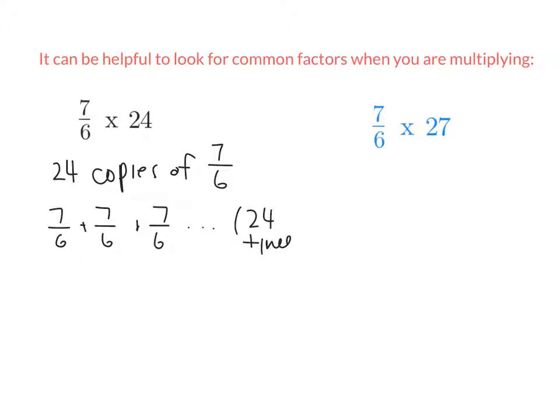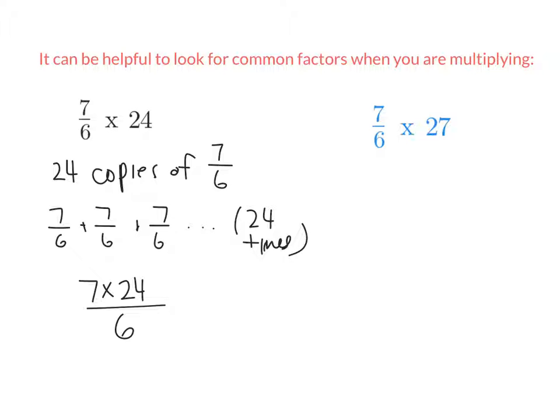Which is going to be the same as 7 times 24 over 6. Do you agree? Right? Do you see how we went from 7/6 plus 7/6 plus 7/6? Because it's going to be 7 plus 7 plus 7 plus 7 plus 7 plus 7 plus 7. How many times? 24 over what denominator? 6. So I can just write the multiplication, which is like a shorthand or a shortcut for repeated addition, right?